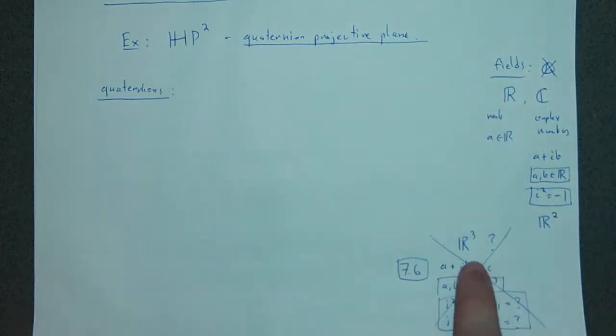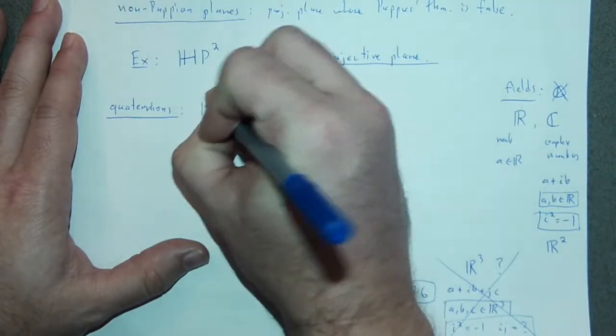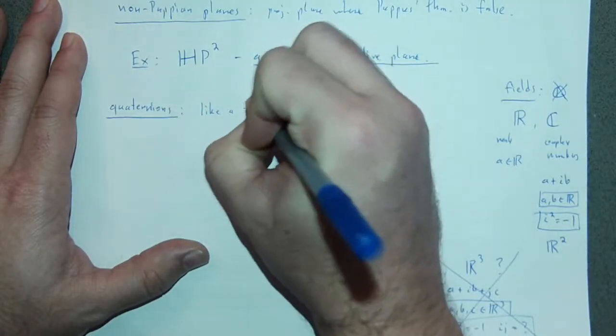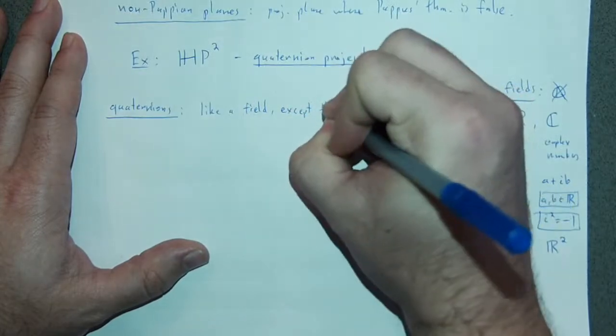Now, I don't give up hope there. What about R4? Well, it turns out in R4, I don't get the field axioms out of it. I don't get a field. But what I get are the quaternions, which are like a field, except they don't satisfy the commutative property.